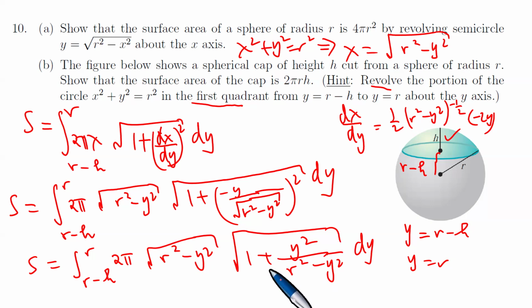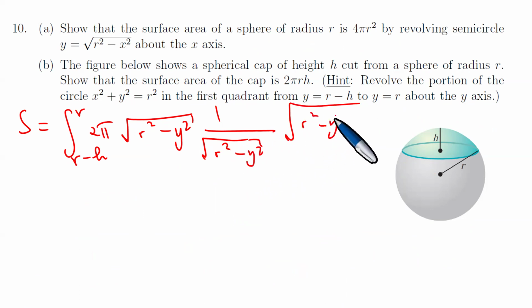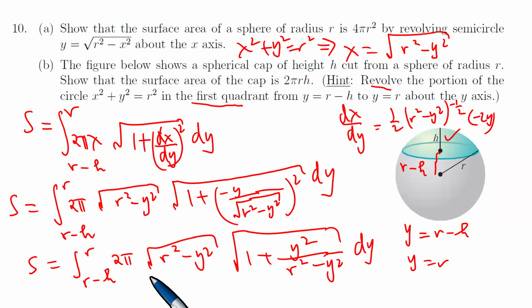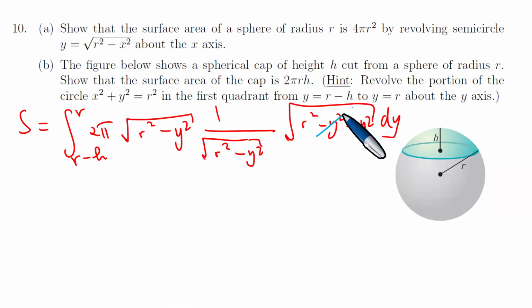And then you have this one here. So you do the same thing. You factor out the 1 over the denominator, so it becomes 1 divided by the square root of r squared minus y squared. Then here you have the square root, so this r squared minus y squared is going to appear, then we have a y squared, and then you have a dy. So this cancels.